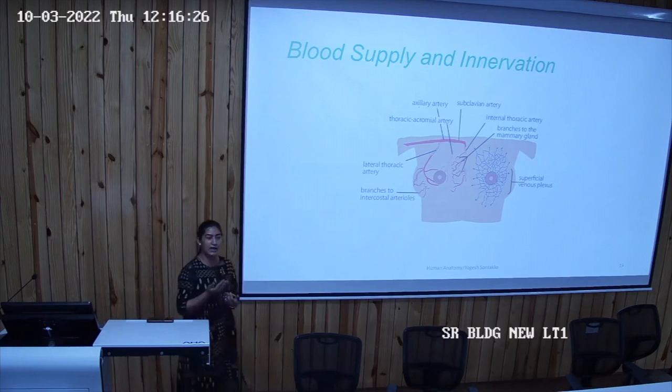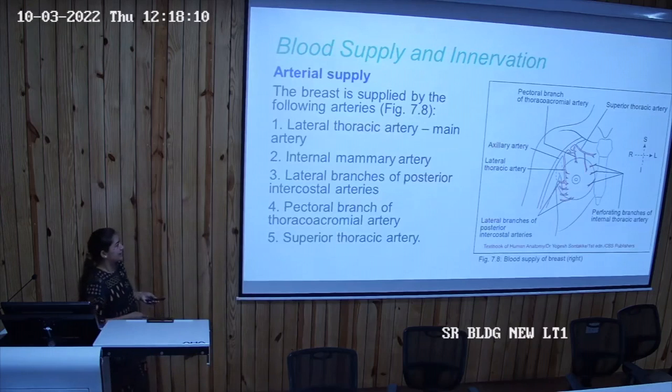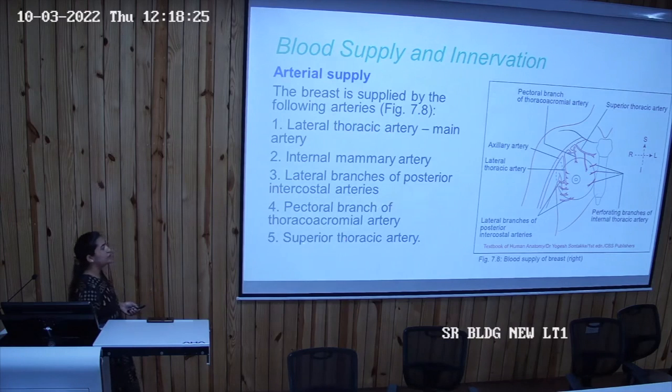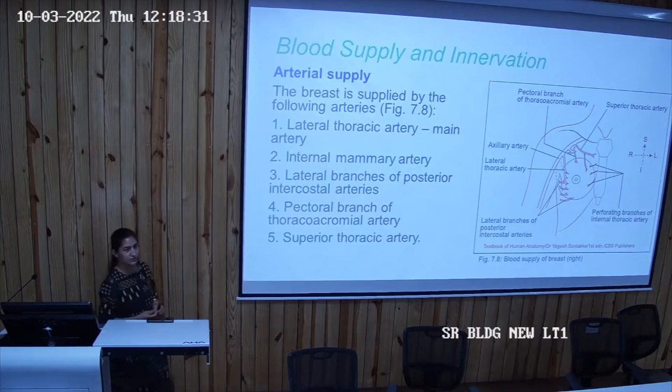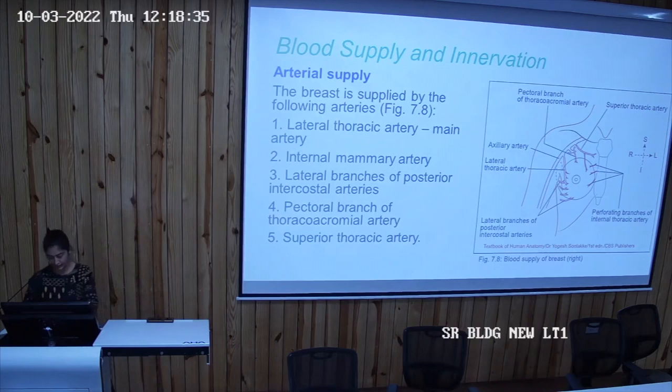In the adjoining area to the mammary gland, for the arterial supply, from the internal mammary artery, other arteries are the distal thoracic artery, lateral branches of posterior intercostal artery, pectoral branch of thoracoacromial artery, superior thoracic artery. Very tough to remember the names, right? Yes or no? Right. Let's try to make it simple.